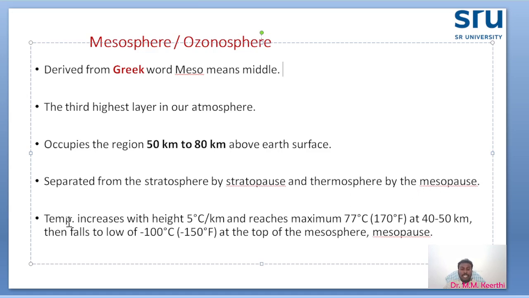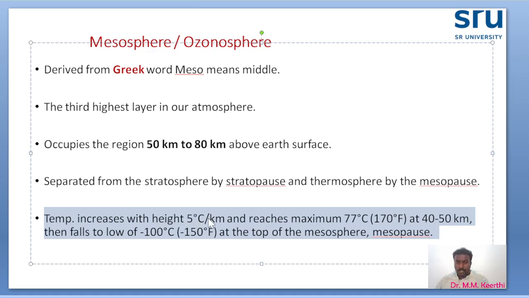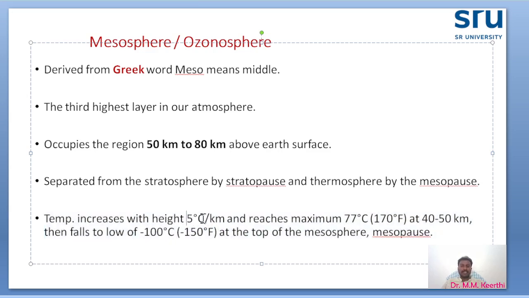How is the temperature here? This is a very important point. Temperature increases with height by 5 degrees Celsius every kilometer. So once we reach the mesosphere, each and every kilometer the temperature will increase by 5 degrees Celsius. At the range of 40 to 50 kilometers, the temperature will reach up to 77 degrees Celsius.